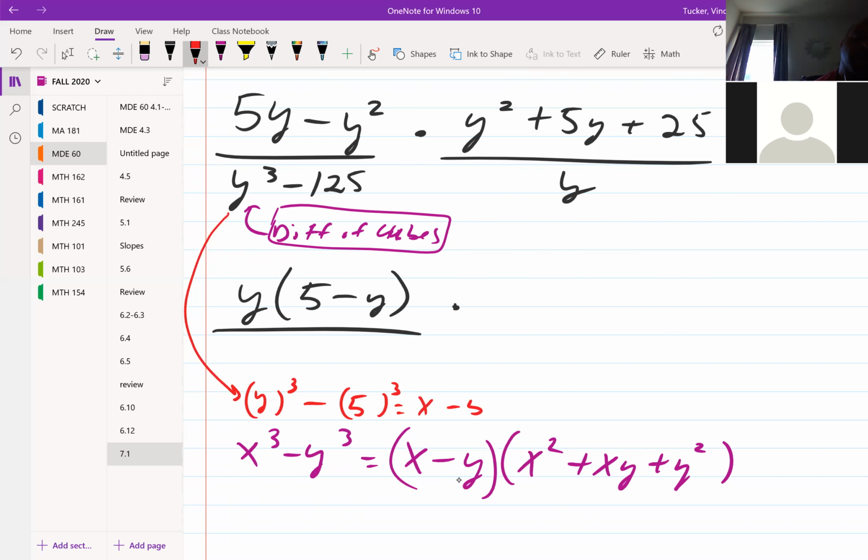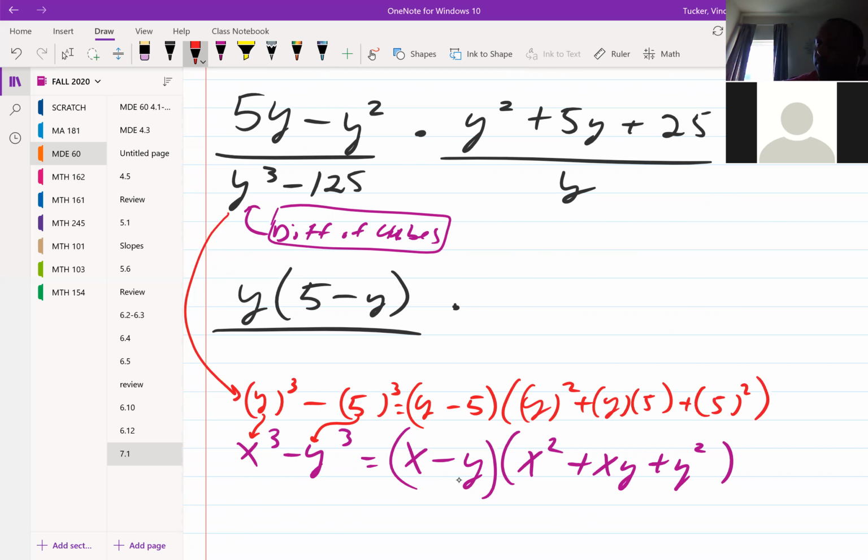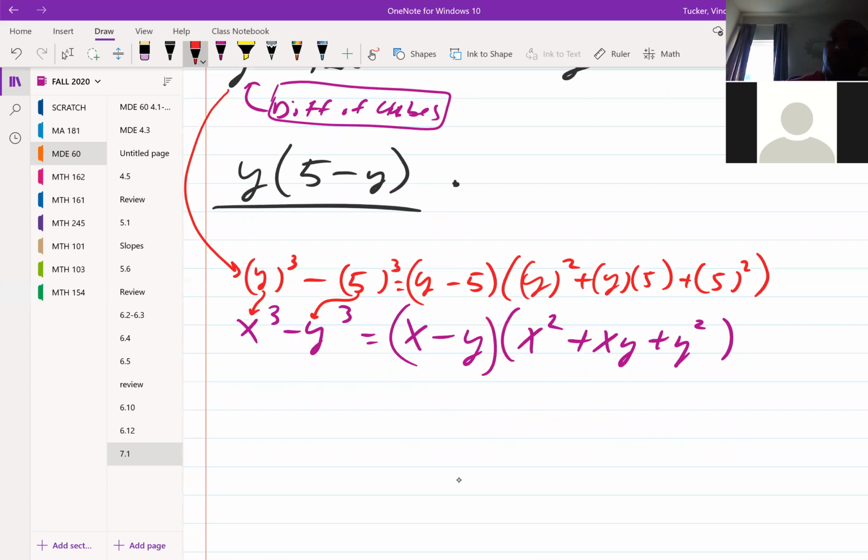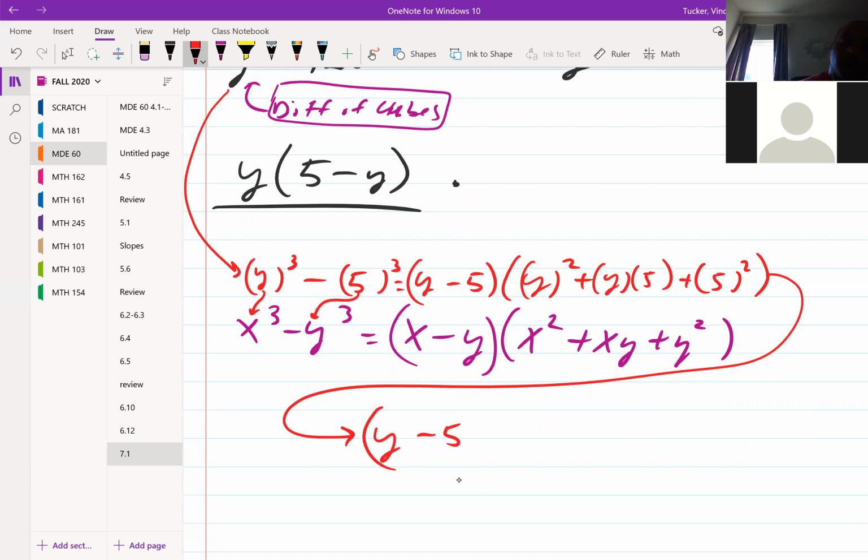So it's going to be x, x, y minus 5. In the formula, y is going to be where x is, 5 is going to be where y is. So it's y squared, y times 5, and then 5 squared. So that factorization will be y minus 5, y squared plus 5y plus 25.